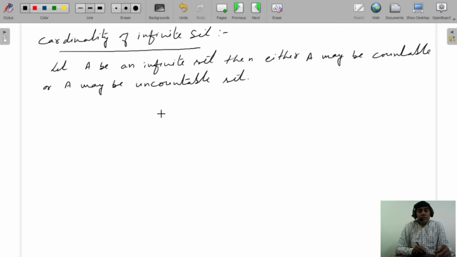Now first we will discuss the definition of countable and uncountable sets. First, what is a countable set?